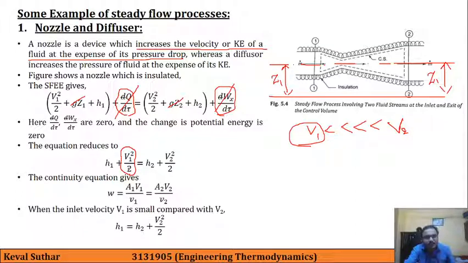So we are left with the formula h1 = h2 + V2²/2. So we can obtain the formula V2 = √(2(h1 − h2)).